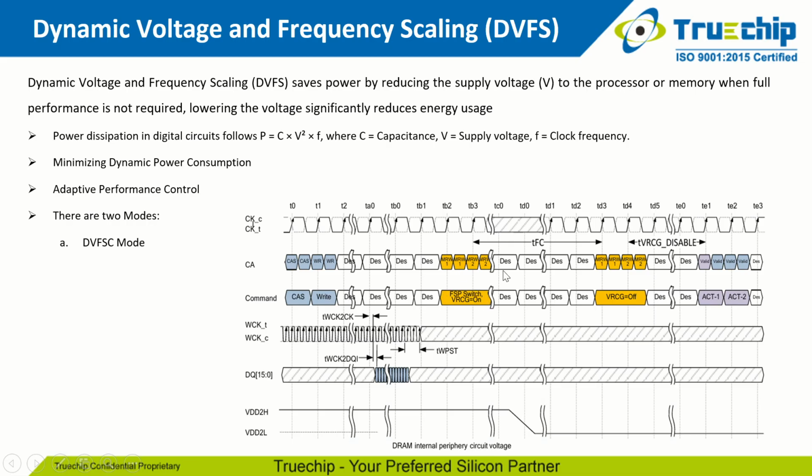FSP is nothing but a frequency set point. So we can see a voltage transition from VDD2H to VDD2L. After the time duration of tFC delay from the last MRW2 command, you can see the MRW1 and 2 command with VRCG equal to off, followed by the activate command.